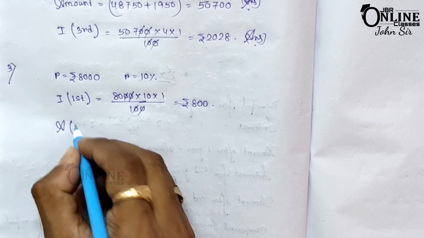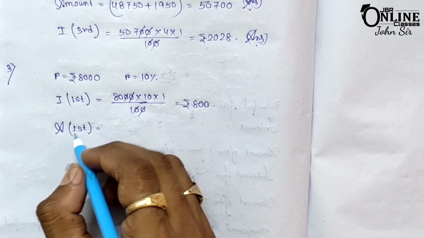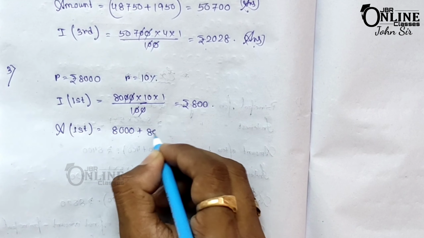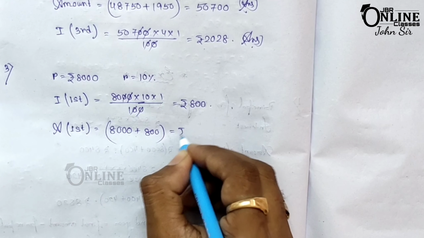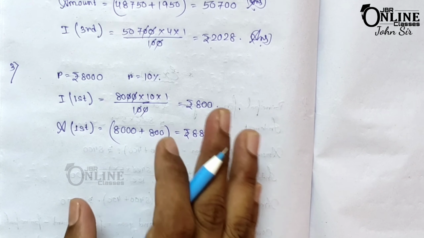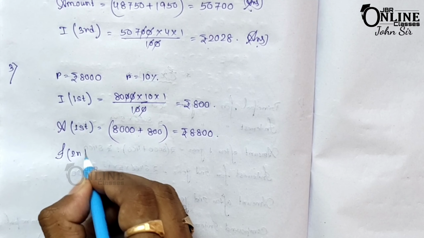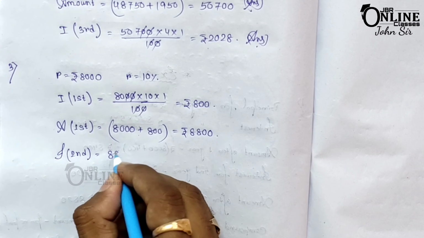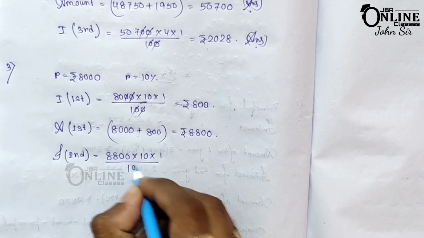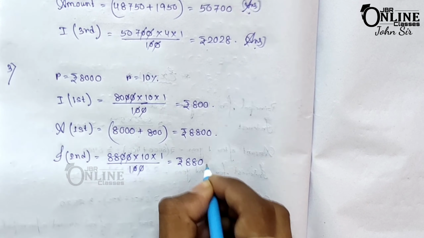Then the amount after the first year will be 8,000 plus 800, and that equals rupees 8800. So 8800 is the amount after the first year. Now next, interest for the second year will be 8800 into 10 into 1 by 100, that equals rupees 880.